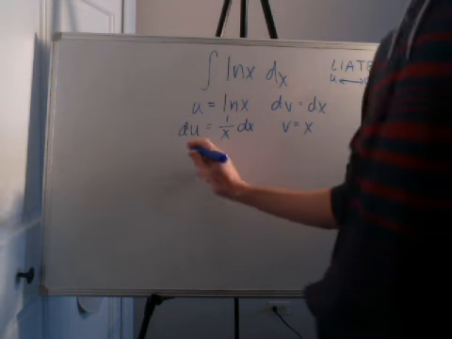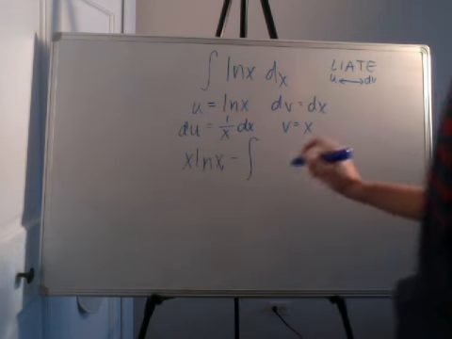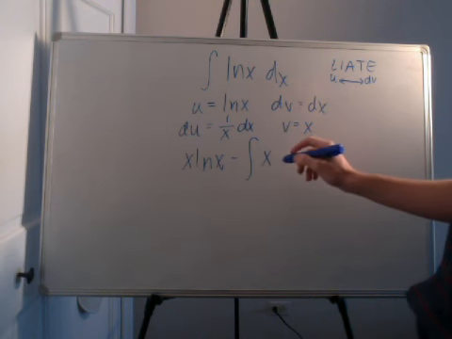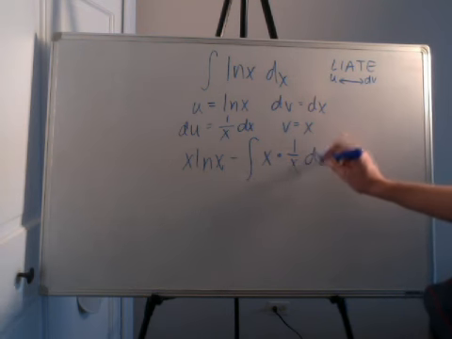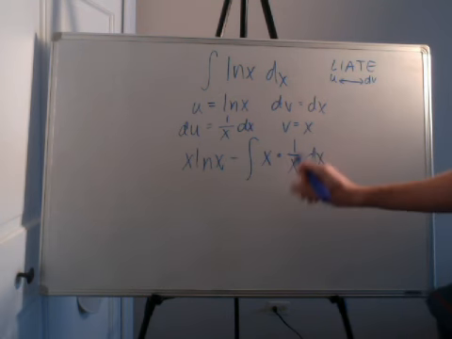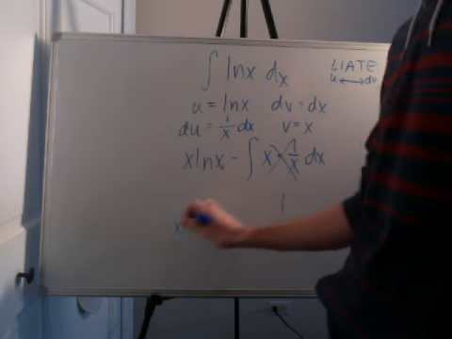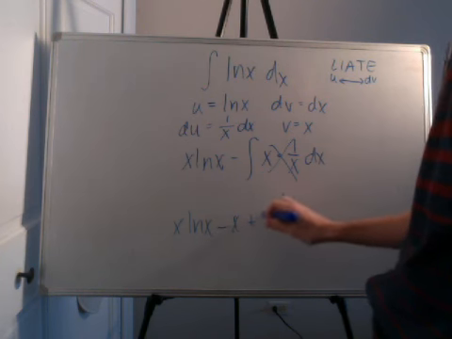So ultraviolet, it would be x ln x minus voodoo, so v du, which is 1/x dx. So obviously the x times the 1/x is just going to make this into a 1. And so when you spell this all out, you get x ln x minus x plus c.